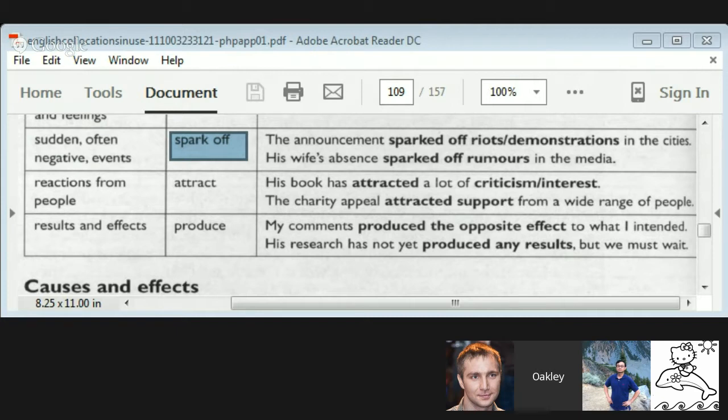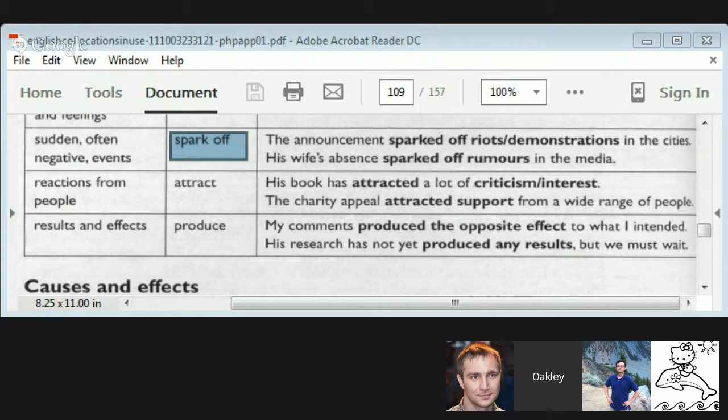Now this, to trigger, even more so to spark off, this word, frankly, even though it's a phrasal verb, I know most phrasal verbs are considered informal. This one is considered a bit formal.